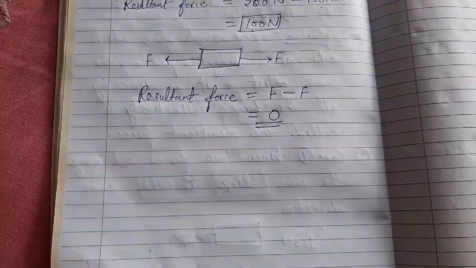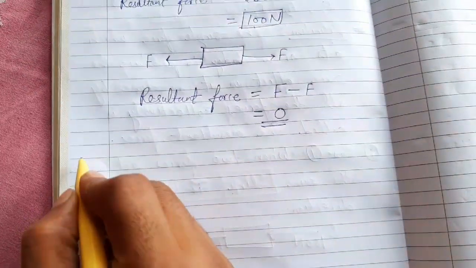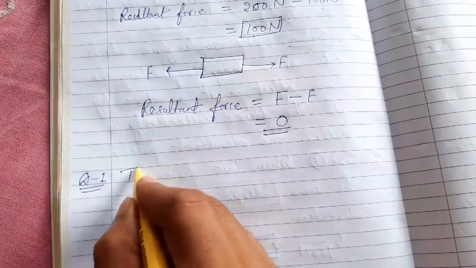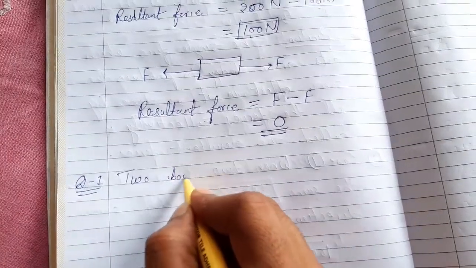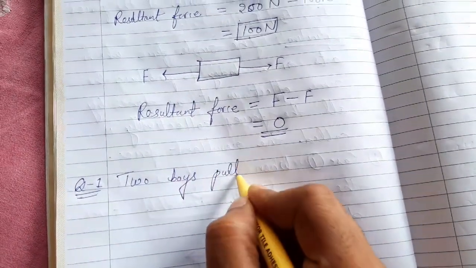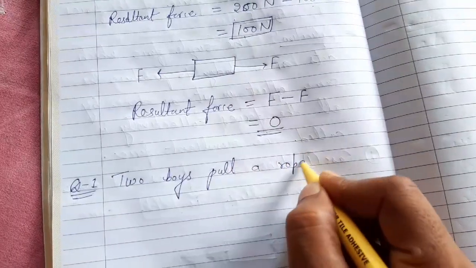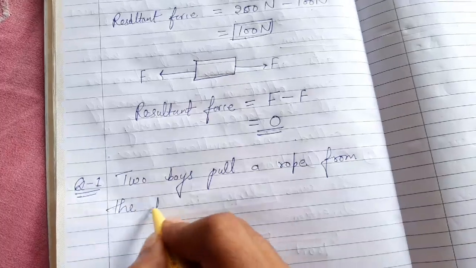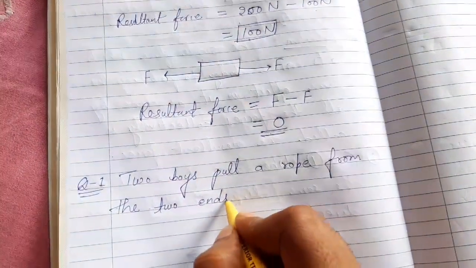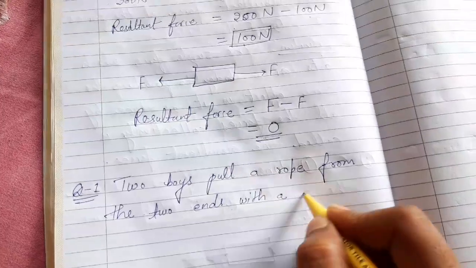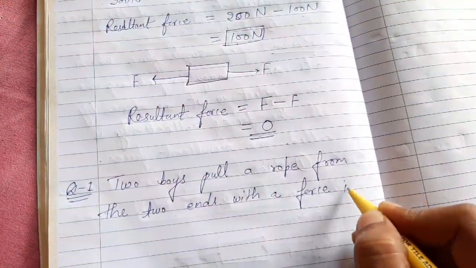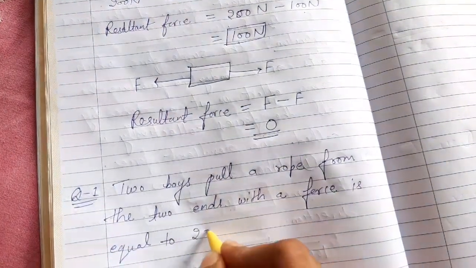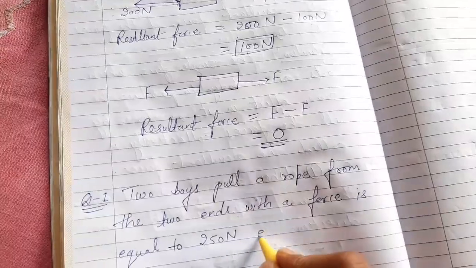Understand? So students, today's assignment for you. Question 1, two boys pull a rope from the two ends with a force equal to 250 Newton each.